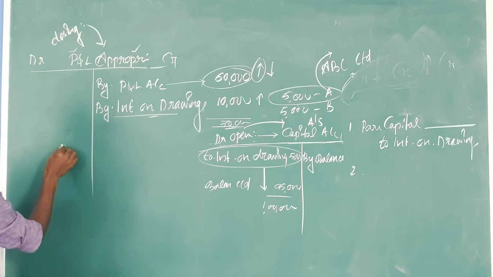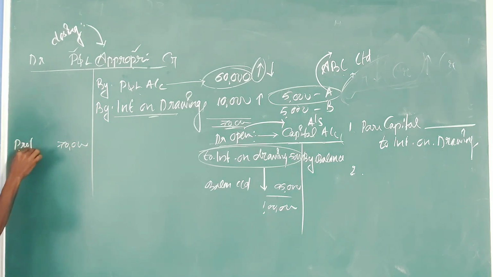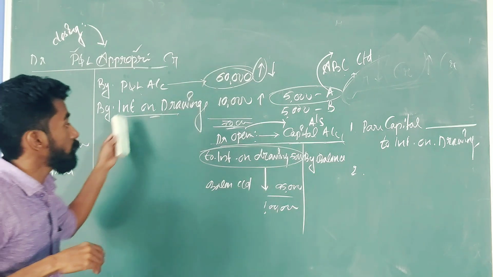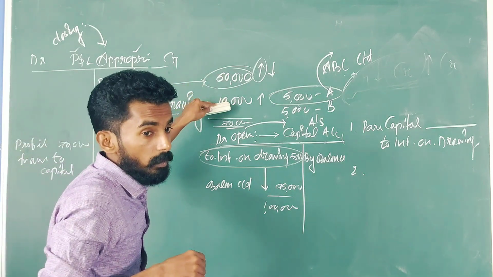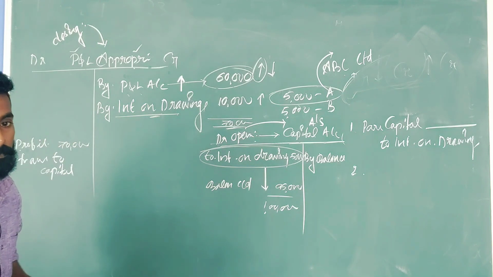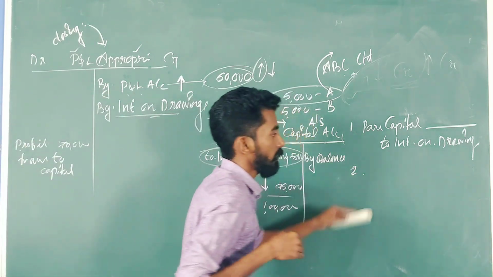Nothing is remaining. Here also 70,000 is the profit, transferred to capital. The firm is going to charge interest on drawings, so the profit balance is going to increase. Keep that in mind.